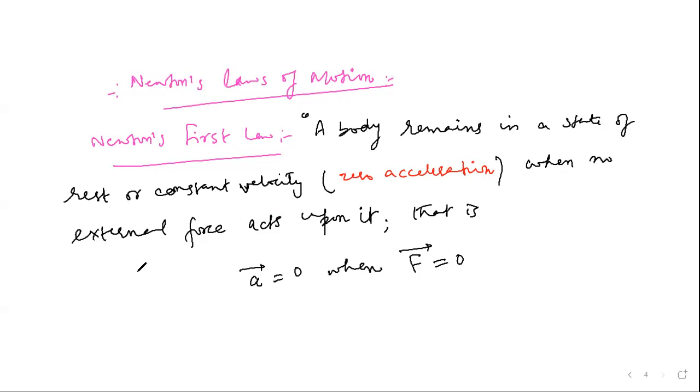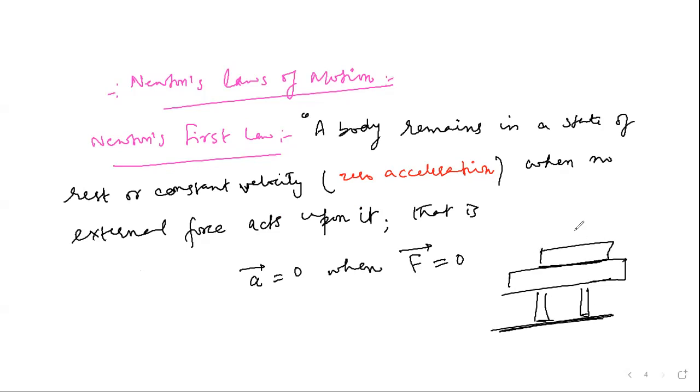What's the meaning of this? For example, if there is a table and on this table there is some book. If there is no external force on it, when we say external force, that means some agent exerts force on it externally.